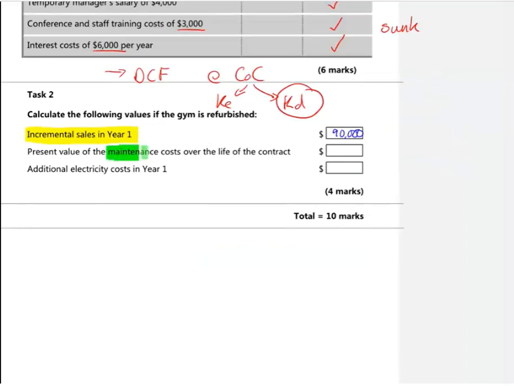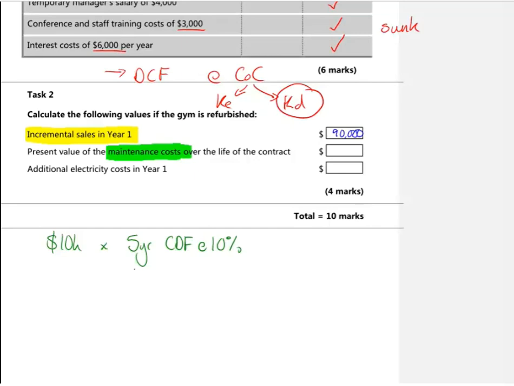Next, we can consider the value of those maintenance costs. We're told maintenance is going to be 10,000 per annum, and that's going to be for a 5-year period. However, we can't simply multiply it by 5 years because we need to recognise the time value of money. So we'll need to take our cumulative discount factor for 5 years at the cost of capital, our 10%.